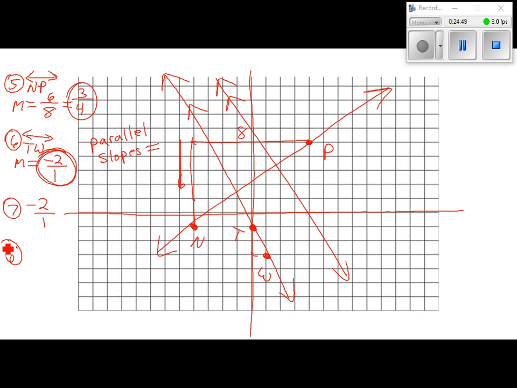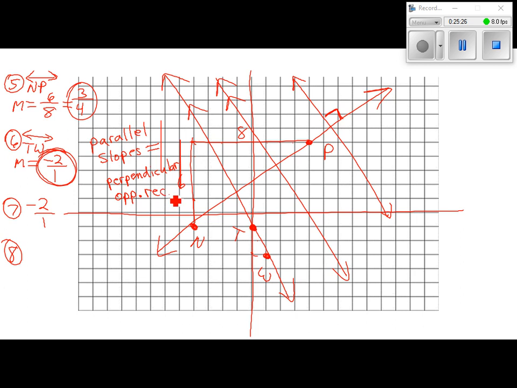And number 8 says we want to find the slope of a line that's perpendicular to NP. So we want some line that hits NP and is perpendicular. So it hits it and it forms a right angle with it. So we want some line that looks like that. Well, if lines are perpendicular, then instead of their slopes being equal, their slopes are opposite reciprocals.